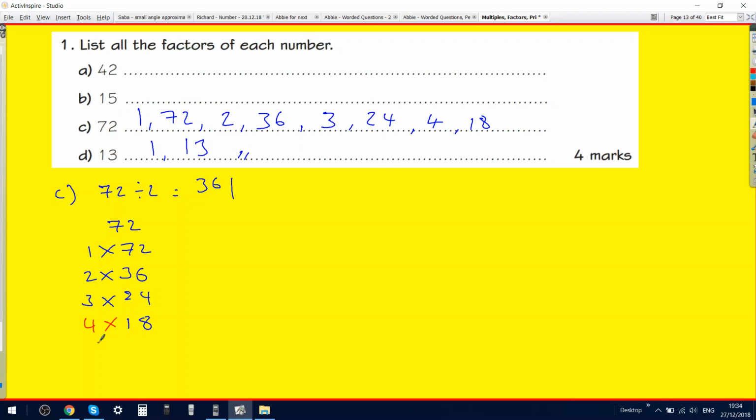12. I think 6 times 12 is 72. That sounds good. And 7? Well, we don't know, but it might be. No, it can't be in the 7 times table because 7 times 10 is 70. That's right. So we skip 7 and move on to 8.